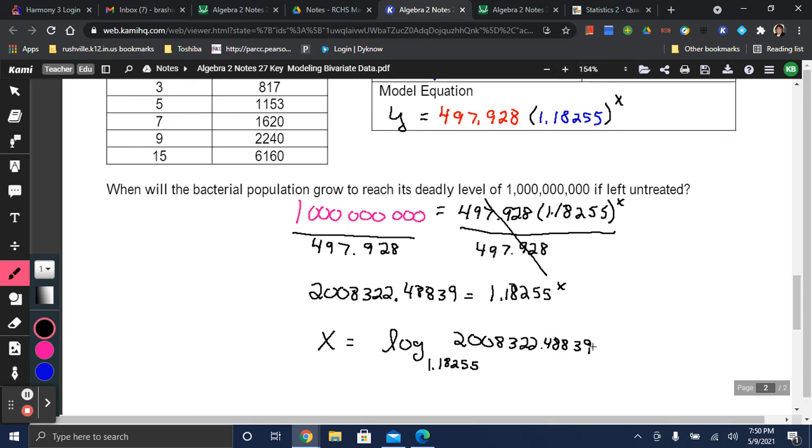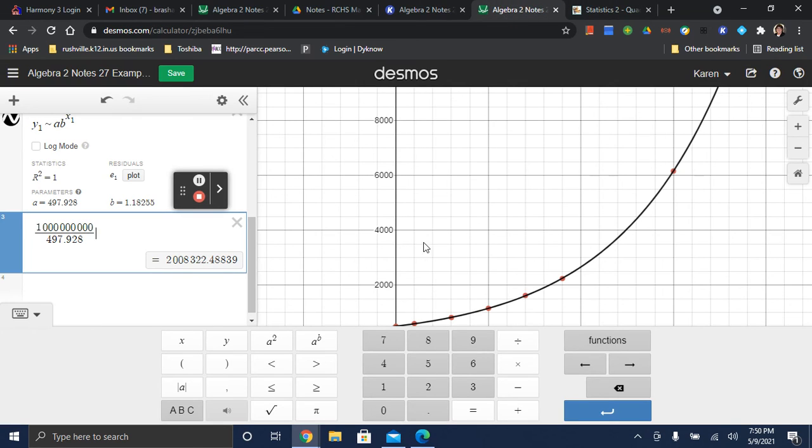All right, and so we can do this again using Desmos.